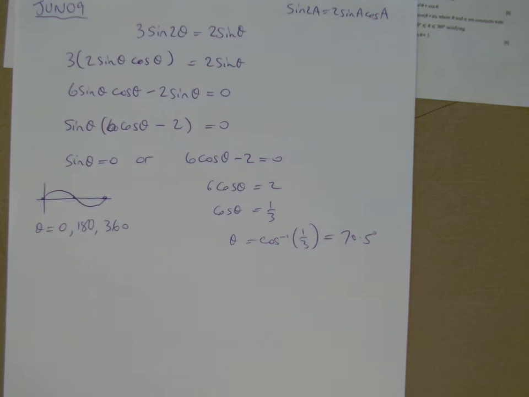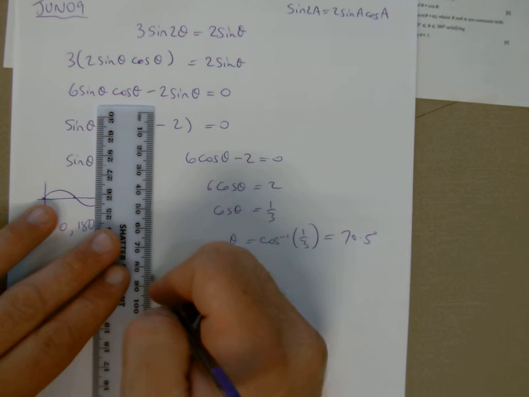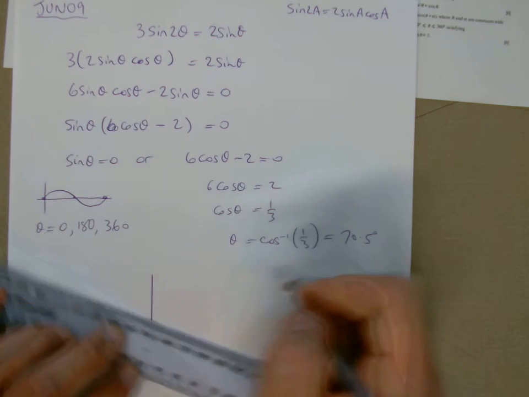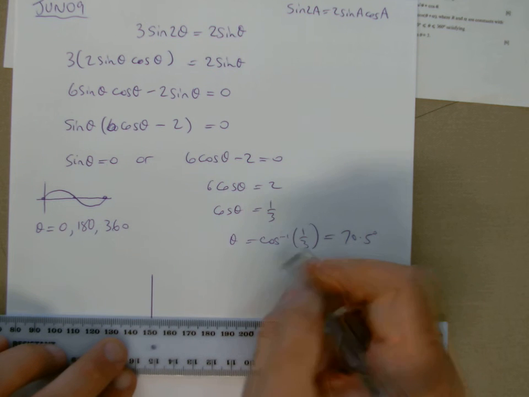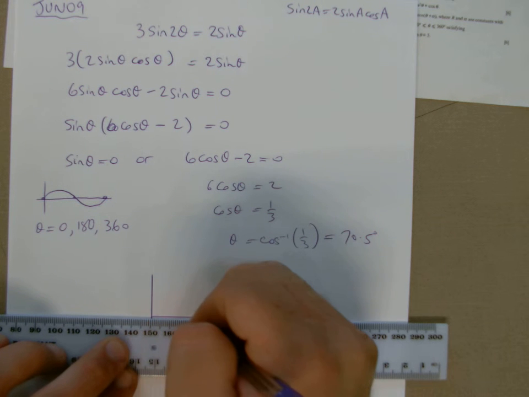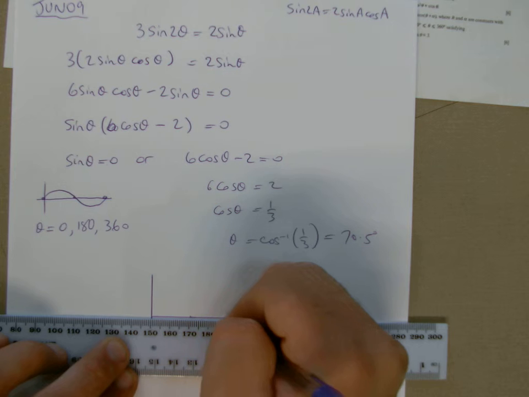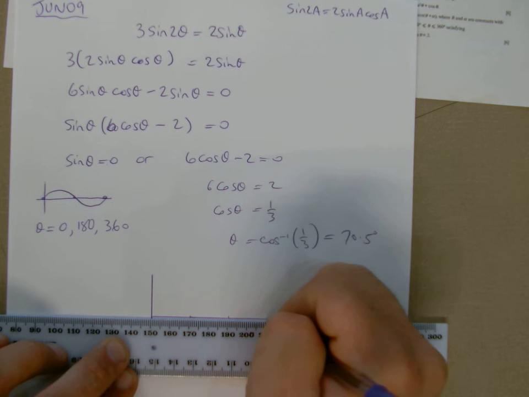Now we need to draw the graph here of cos x to actually work out what the other values are. So maybe every 2 centimeters represents 90.